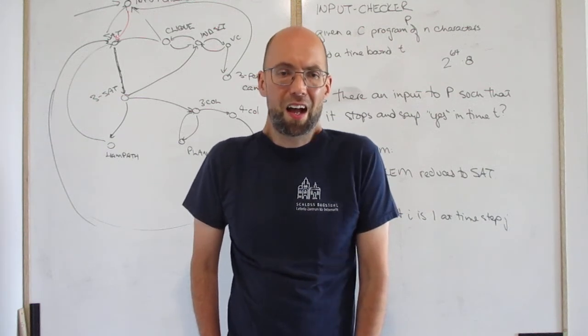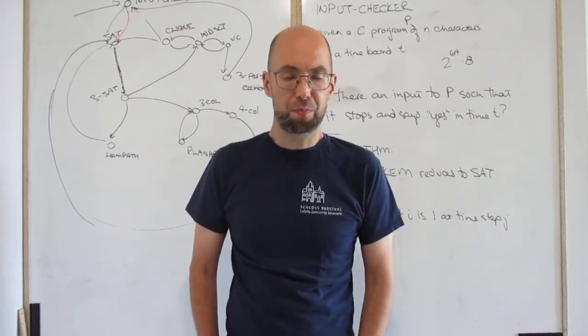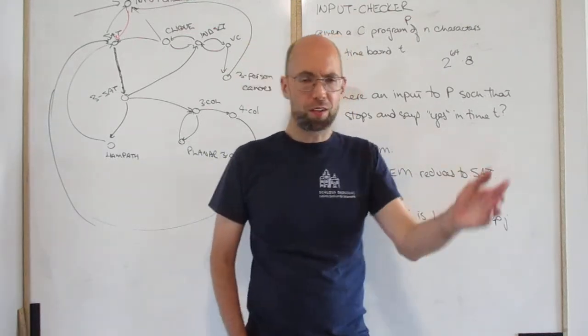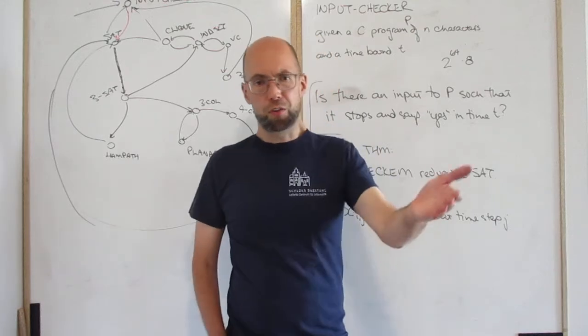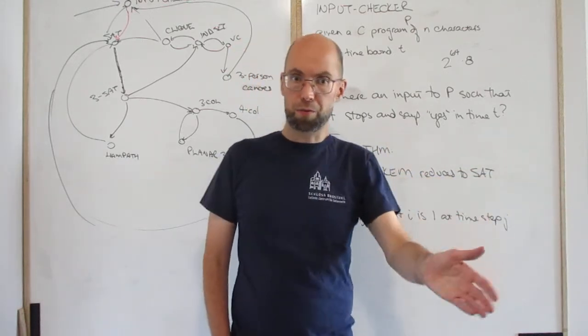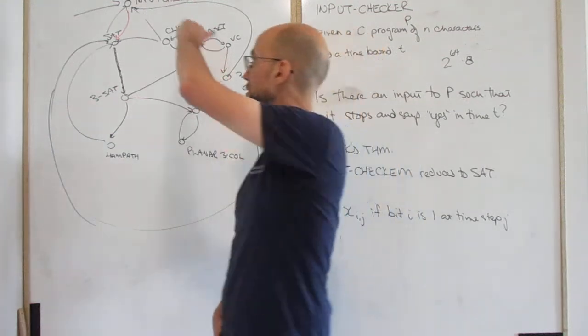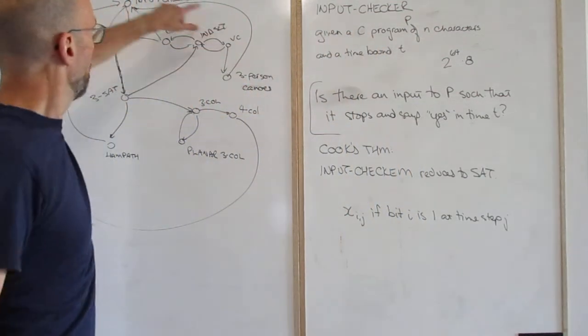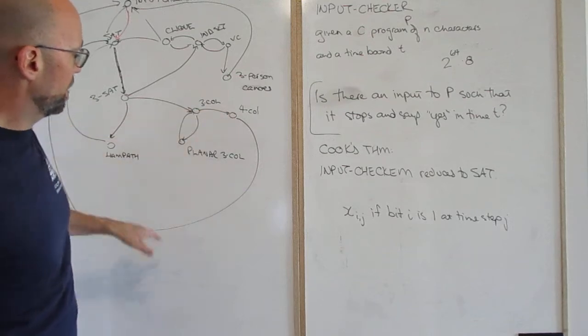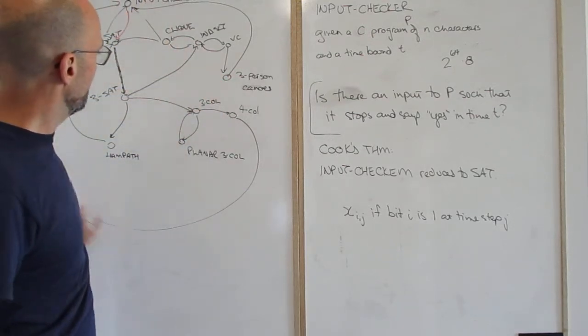Like Cook's theorem, SAT is NP complete, and everyone says, how do you show that something's NP complete? You have to show that it's in NP. People frequently forget to show that it's in NP. If you think about it as part of this, how do you show that 3-person canoes is in this equivalence class?